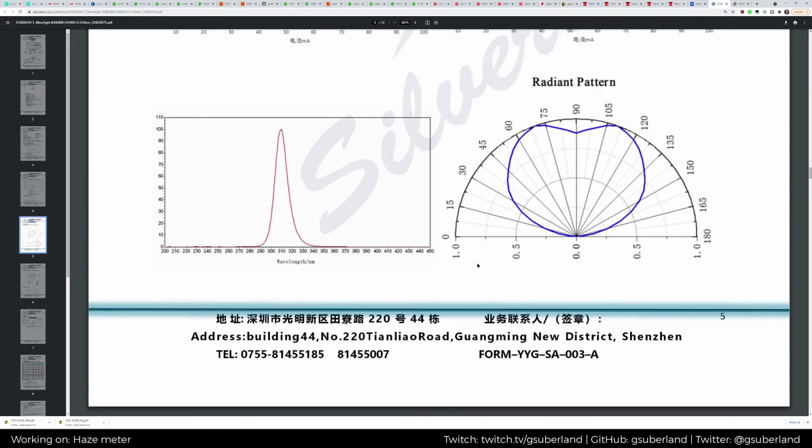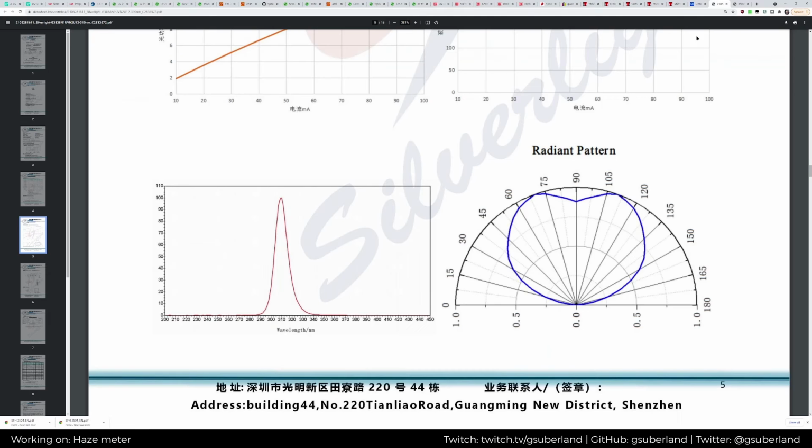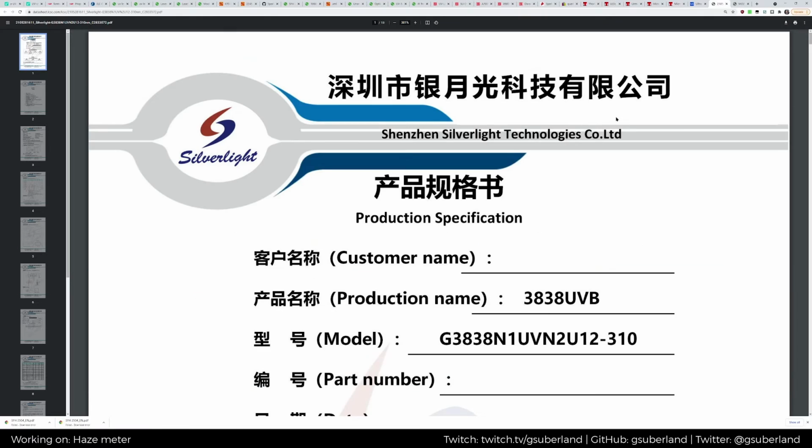I think it's the first LED I've found at all that hits the wavelength that I want. In fact, I think that's the only LED I found so far.